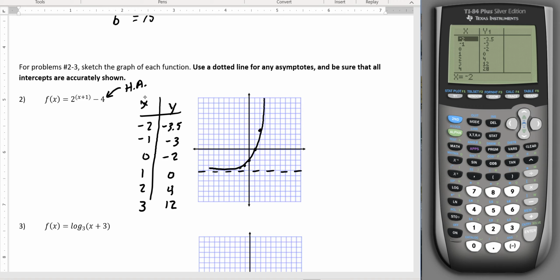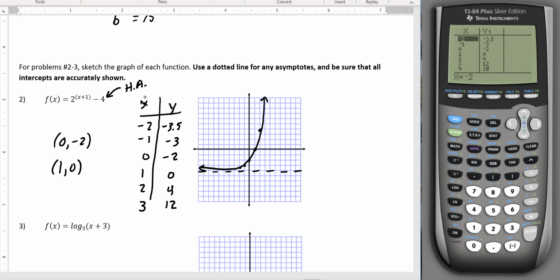Beautiful. All right. So we use the dotted line for the asymptote. We be sure the intercepts are accurately shown. If you want, it might not be a bad idea to go ahead and write the intercepts of 0, -2, and 1, 0, just to show that you really understand where those intercepts are. All right, so that's a graph of an exponential function.